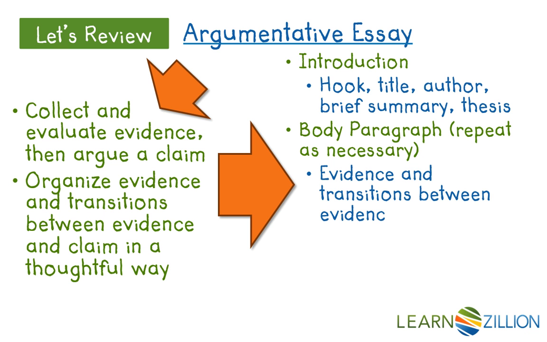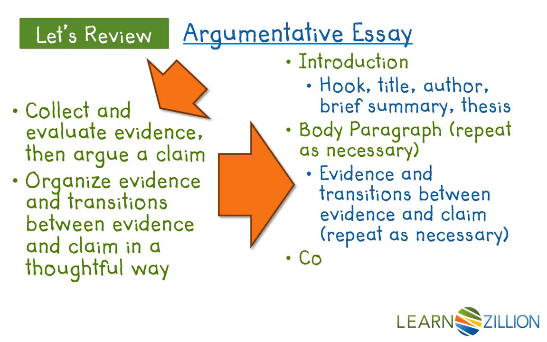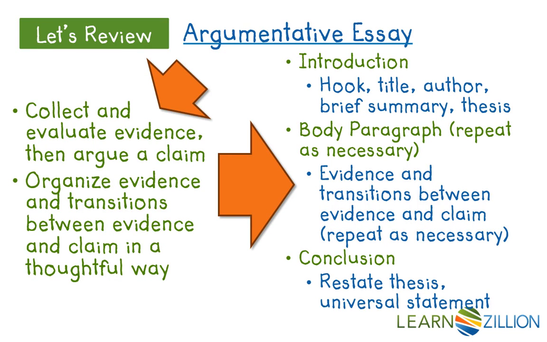And then evidence within the body paragraph and the transitions between the evidence and the claim, which again you might repeat maybe up to 4 times even, depending on how the evidence hangs together logically within one body paragraph or separated into a different one. And then finally a conclusion, when you restate the thesis and you state a universal statement to bring your reader to some grander truth.